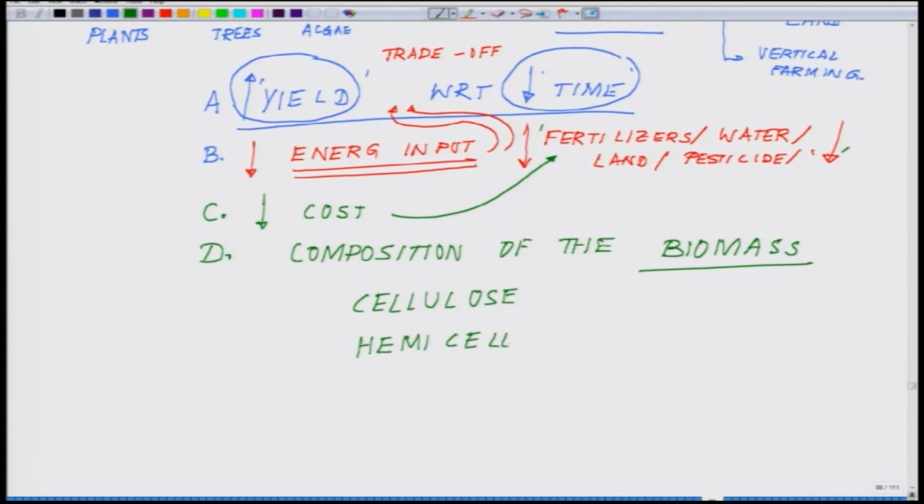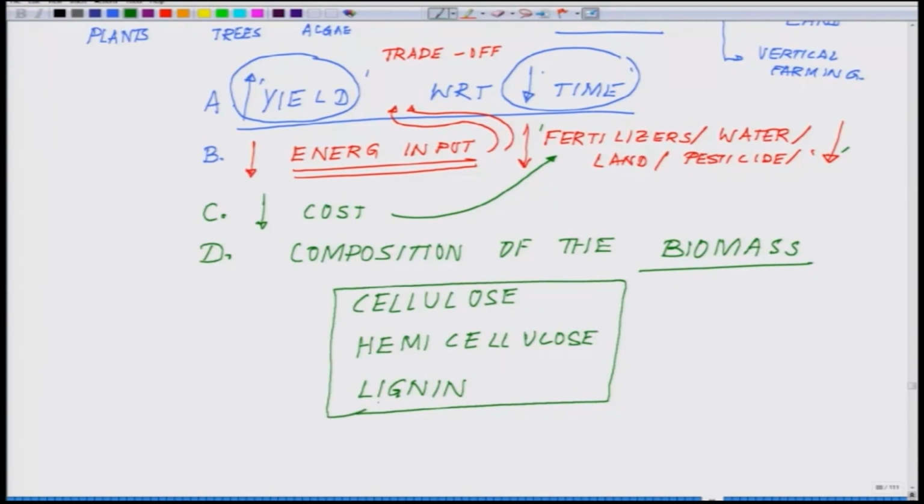Now, these three things are present in plants at varying proportions. Most plants have cellulose at the highest concentration, followed by hemicellulose, and the third is lignin after that.